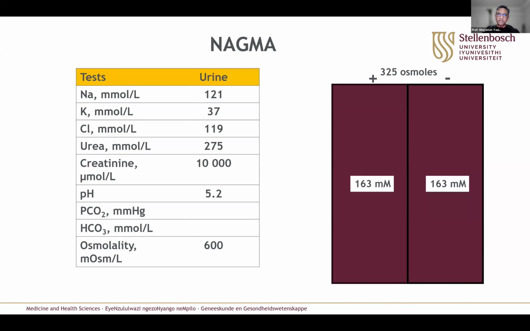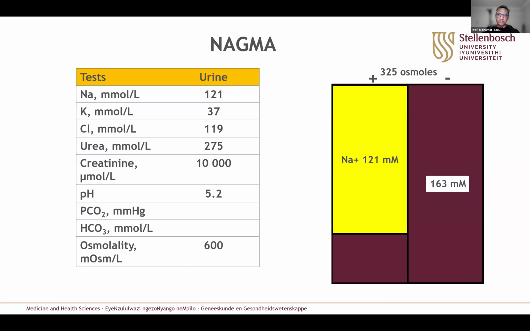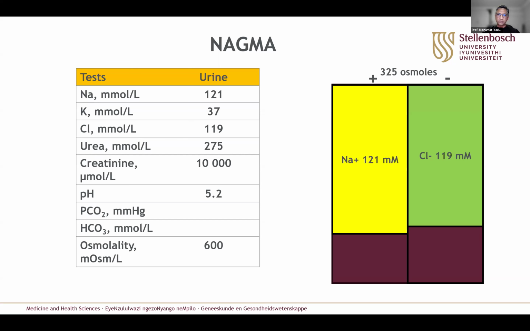So we simply now have to put in our concentrations of cations, which in this case here, we've got sodium, which was 121 millimoles, potassium, which was 37 millimoles per liter, and chloride, which was 119 millimoles, meaning the amount of ammonium in the urine was only 4.5 millimoles per liter.